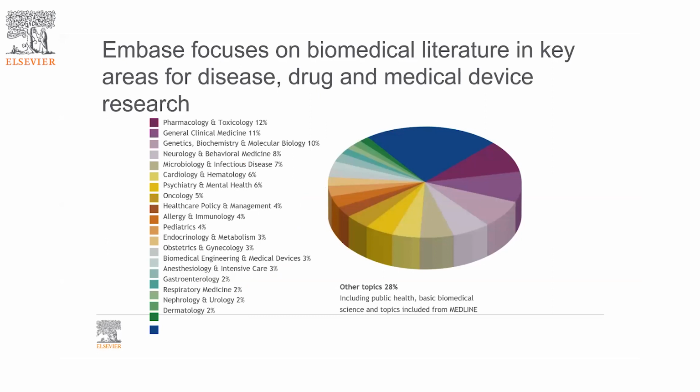Embase includes biomedical information extracted from literature in core areas of diseases, drugs, and medical devices. It includes pharmacology, toxicology, clinical medicine, genetics, molecular biology, oncology, health policy, cardiology, and other important fields.